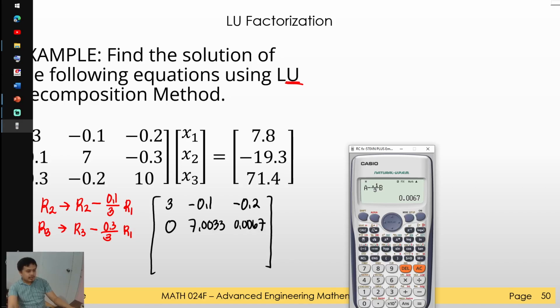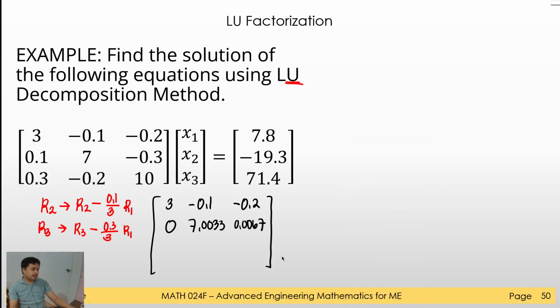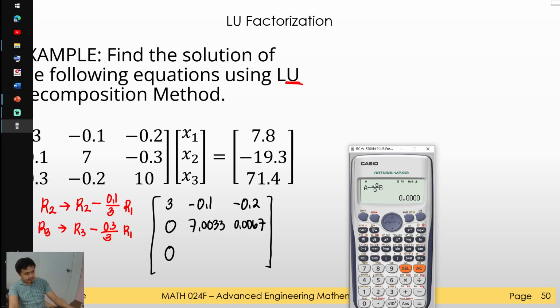Then for the next row, we have a different formula, so let me just change this. Substituting the values 0.3 and 3, just to try if this will become 0. Okay, it became 0.